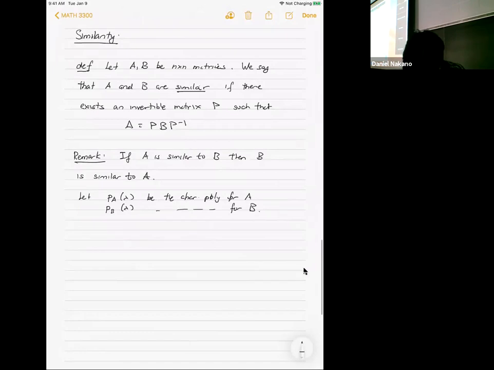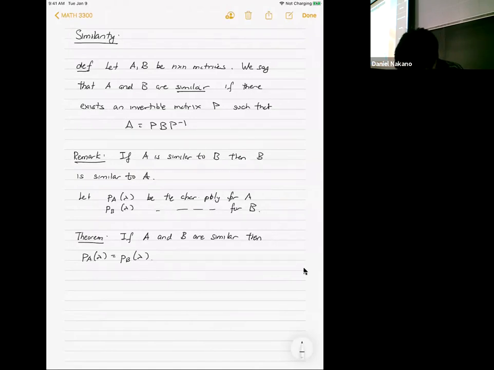So here's the theorem: if A and B are similar, then p_A of lambda is equal to p_B of lambda.